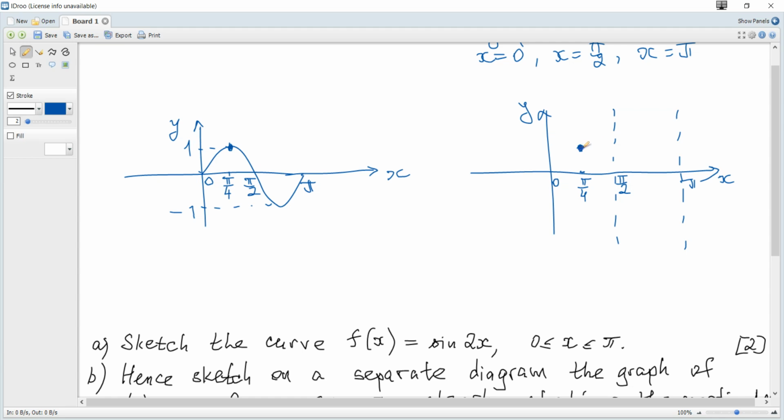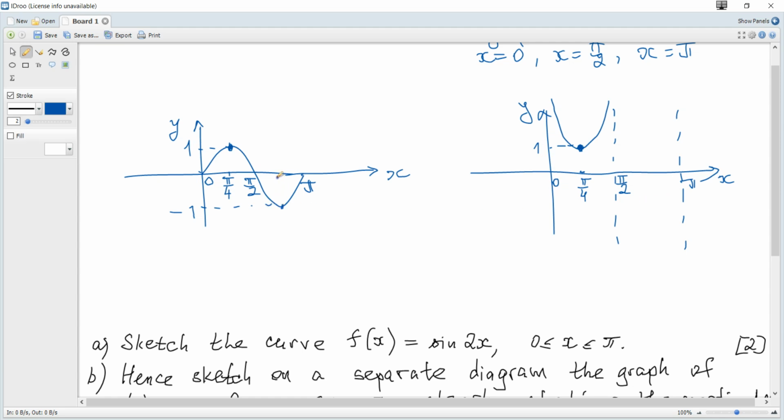So for the reciprocal, y values tend to plus infinity, and this curve must be symmetrical, and hence at x is pi over 4 there is a local minimum.